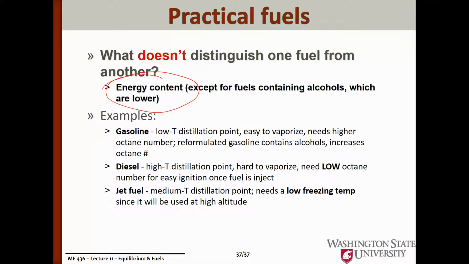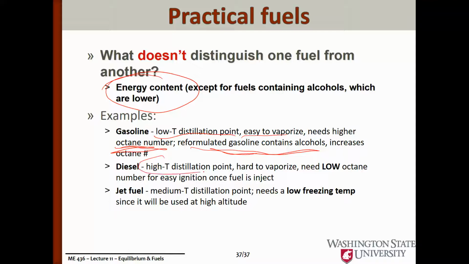Energy content. They all tend to have about 43,000 kilojoules per kilogram. What distinguishes the fuels is, for gasoline, you want a low distillation point, you need it to be easy to vaporize. You want a high octane number because you don't want it to combust before you want it to combust. So that's why we put ethanol into our gasoline, to raise that octane number.